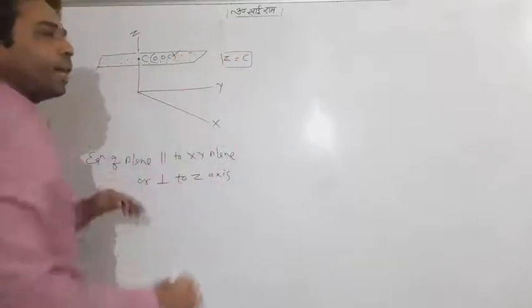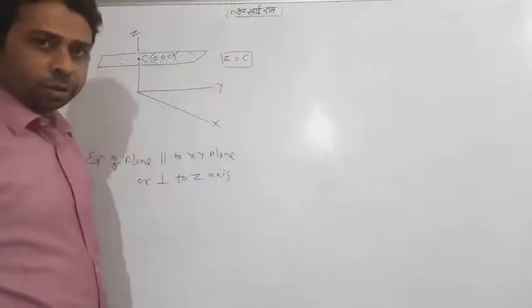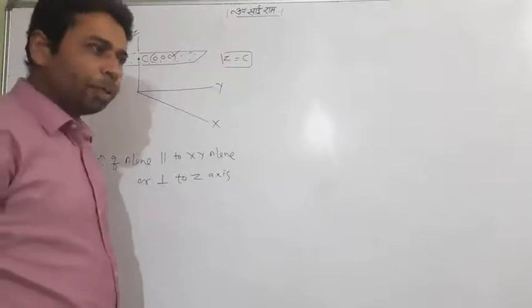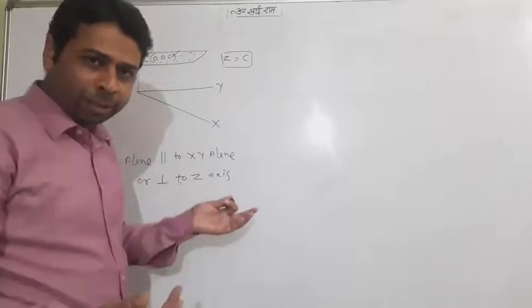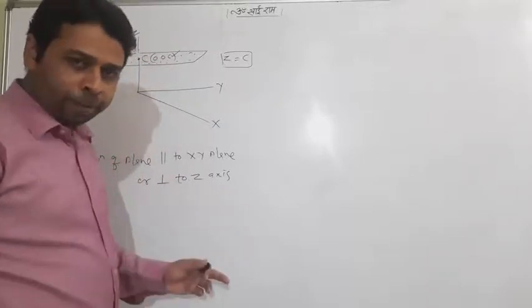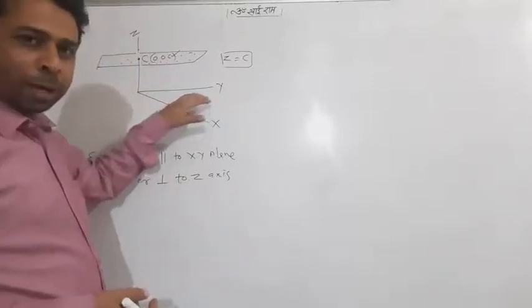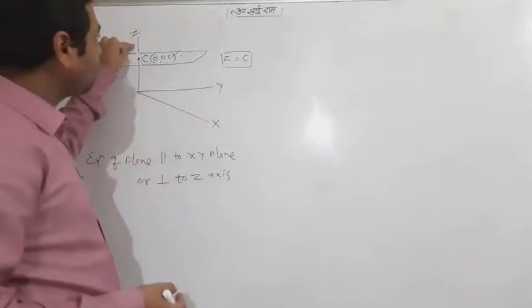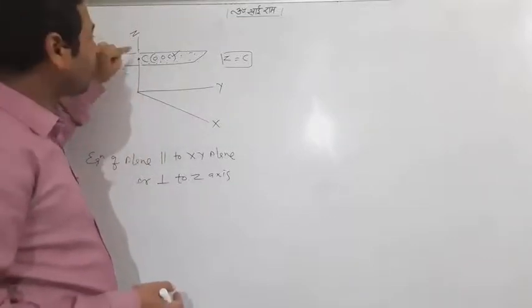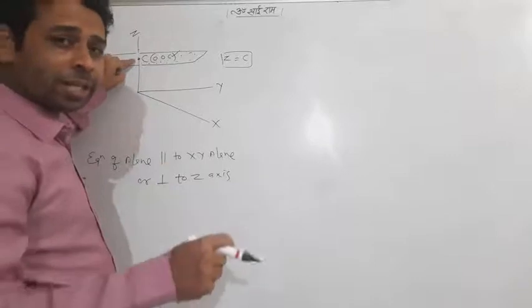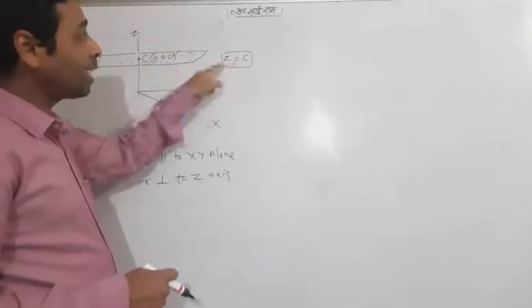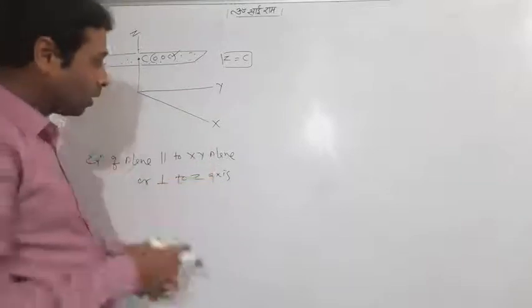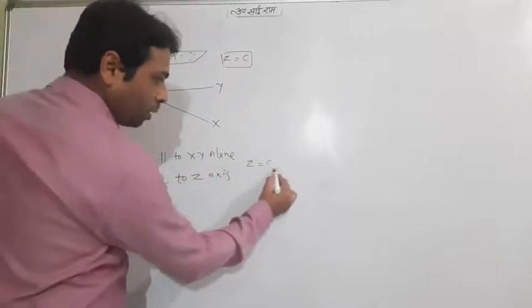Please try to understand: z will be c, and this is the required equation. It looks funny, but it's only a play of concept, you don't have to worry. If your plane is parallel to the xy plane, it will definitely be perpendicular to the z-axis and cut the z-axis at one point. Suppose this is the point c, so your answer is z equal to c. That simple.